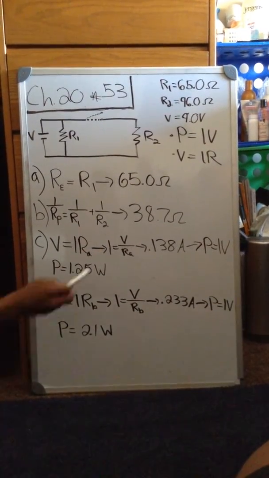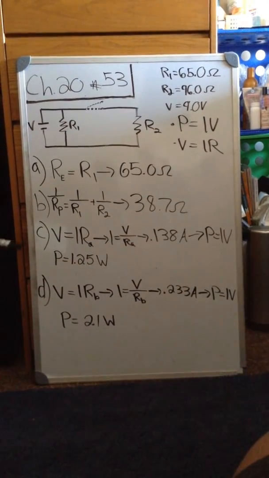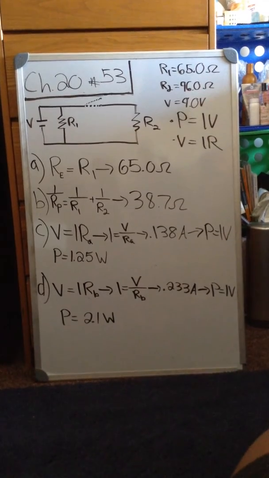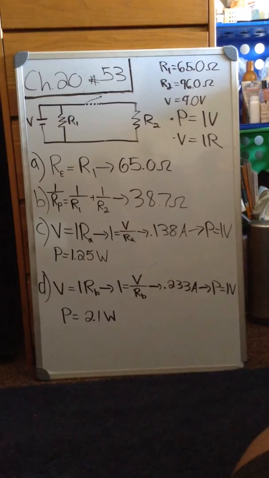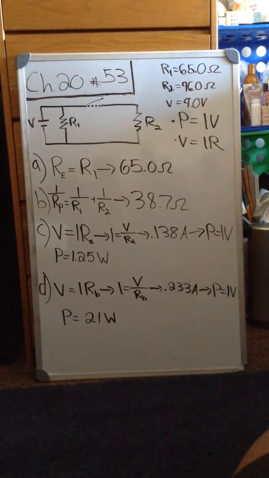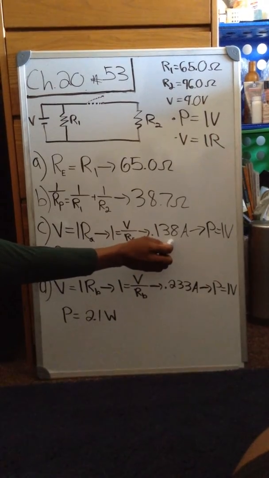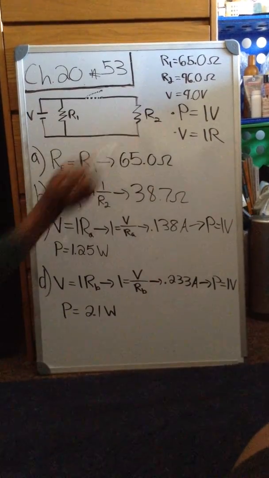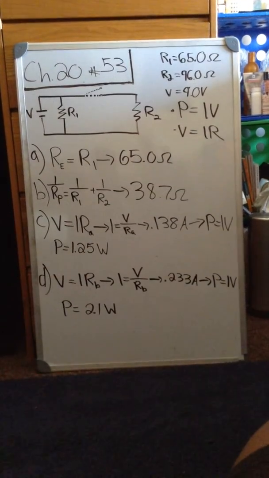We get a current of 0.138 amps in part A. And then to solve for the power delivered, we use the power equation, which is power equals current times voltage, and we plug in our values, our current being what we just solved for, and our voltage being what was given in the beginning of the problem, and we get a power of 1.25 watts in part A.